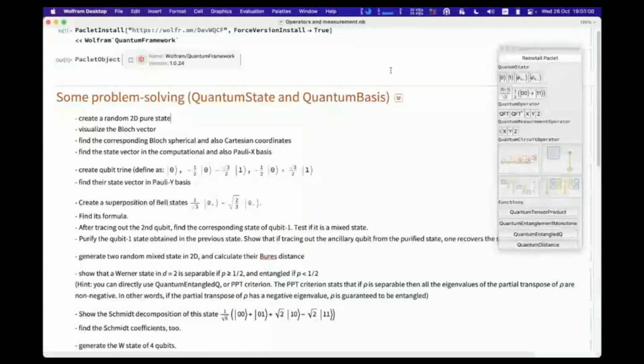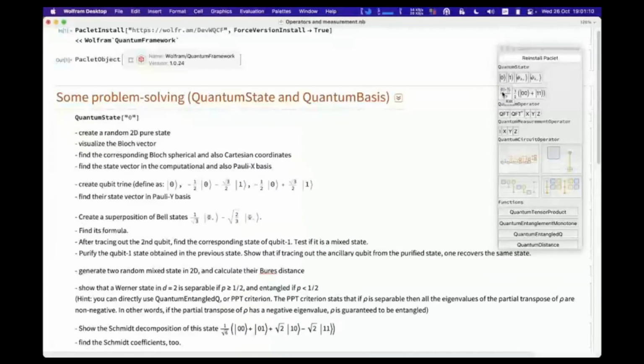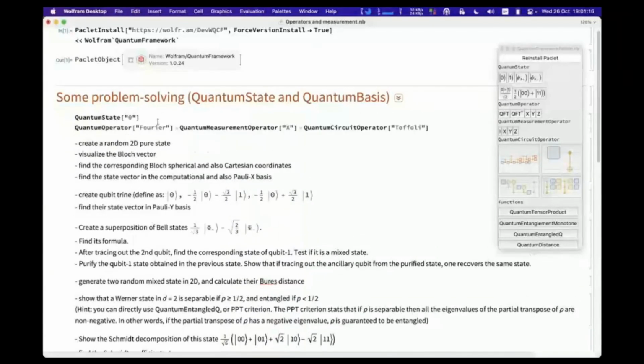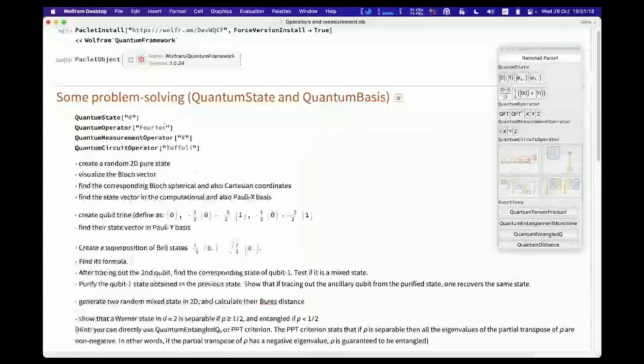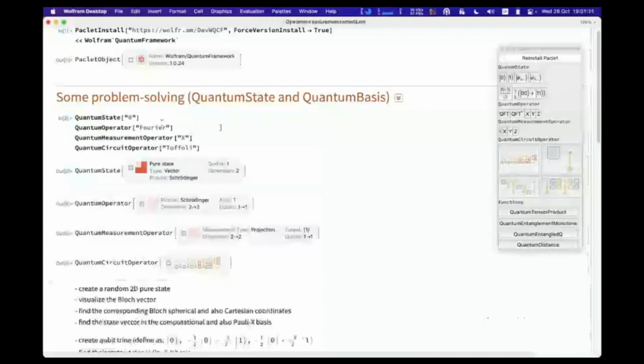We are planning to extend that. If you click on any of them, for example, create a quantum state, like you see, this is the zero state, or the measurement operator, and you can see the results.